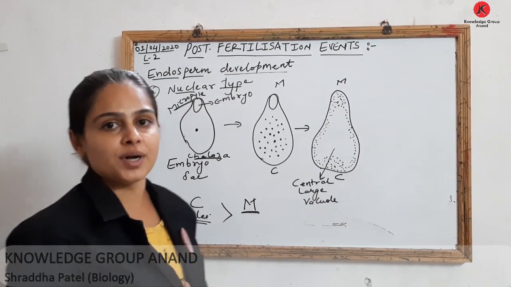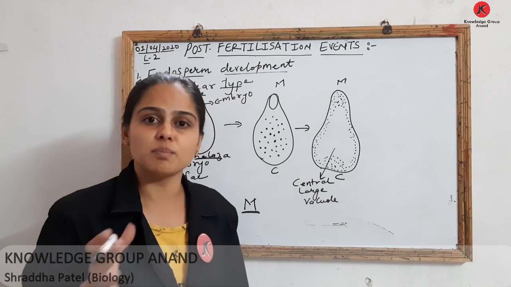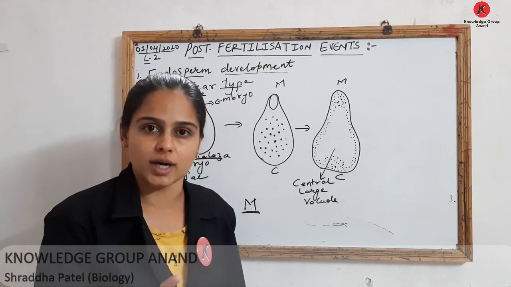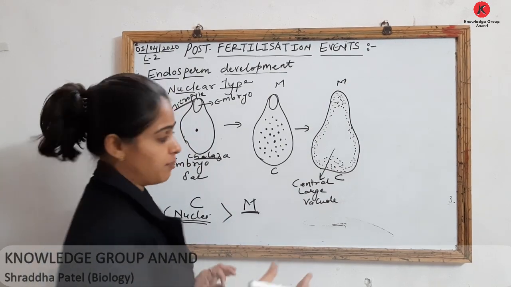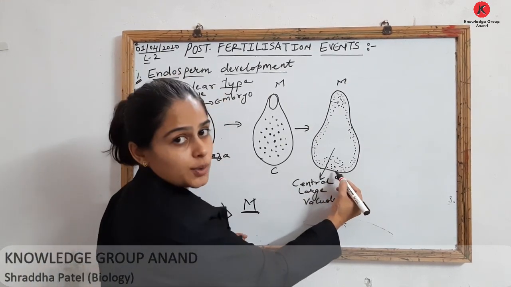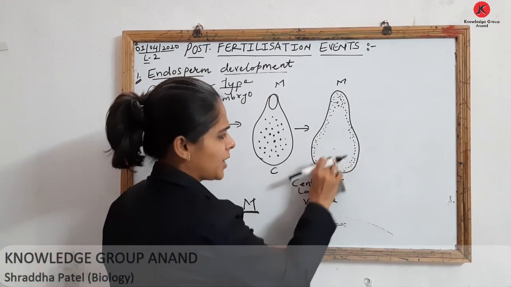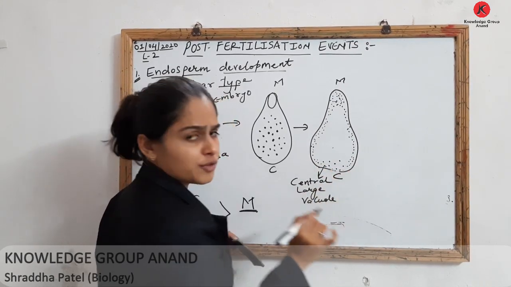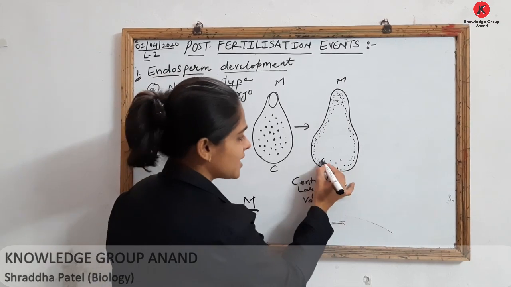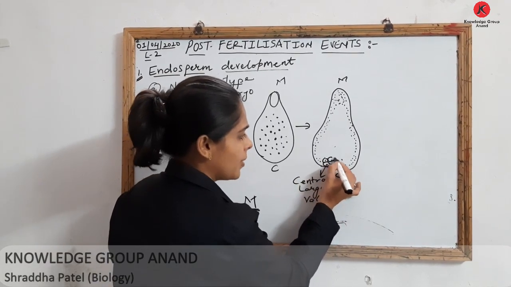Now what happens as the fruit matures, if you are talking about coconut? As the coconut matures, these peripheral nuclei, for example I am representing a few over here, what will be around them, dear?